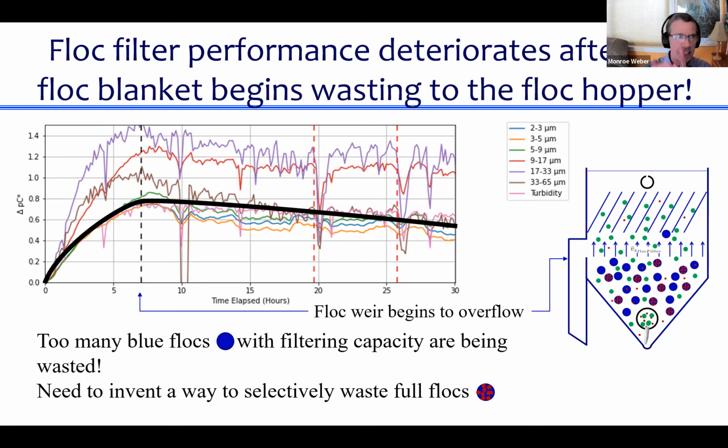So high up on this graph is good performance. And you can see that it peaks right where the floc filter starts spilling over, and then it goes downhill.